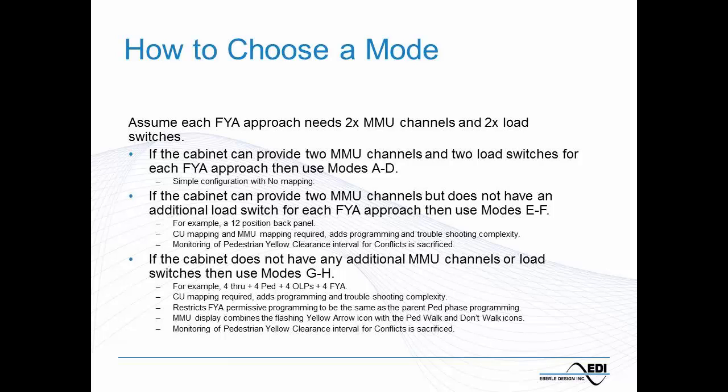So in essence, it almost gives us a 20-channel MMU with 16 channels of hardware. So we'll talk a little bit more about that mode because it's a special set of conditions.